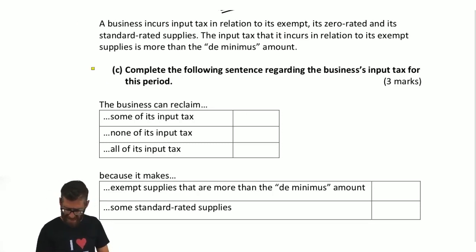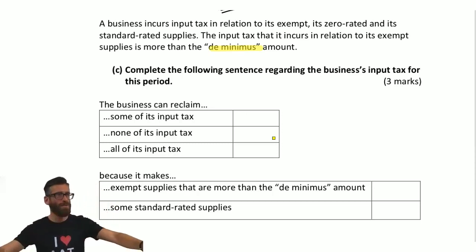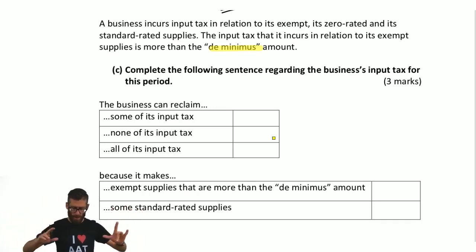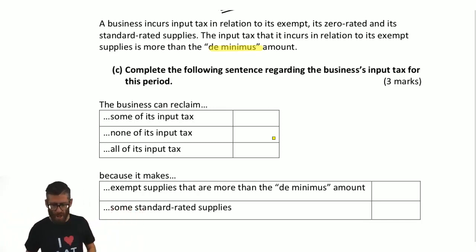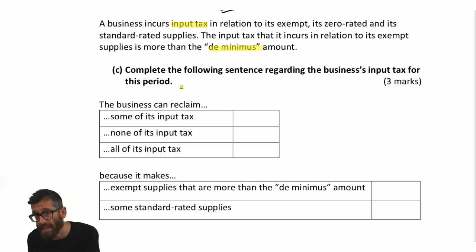It's using Latin, de minimis amount, and I'm starting to panic. But there is no need. Remember to keep your calm. Remember to focus on what the rules are. A business incurs input tax. Now, to take you back to what you should by now hopefully know, input tax is the tax that you've paid upon supplies that you're going to use in the course of your business, which will subsequently be sold where you charge output VAT.